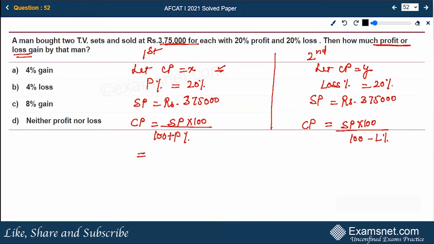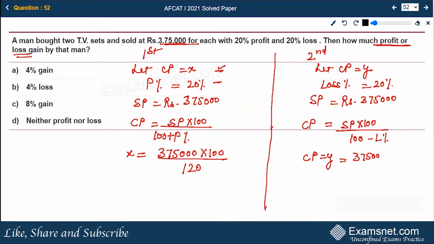Fill in the values. You will get selling price was 3,75,000 into 100 upon 100 plus profit, which was 20. So it is 120. And over here, the cost price, which is actually Y, here it is X, is equal to 3,75,000 into 100 upon 100 minus loss percent.